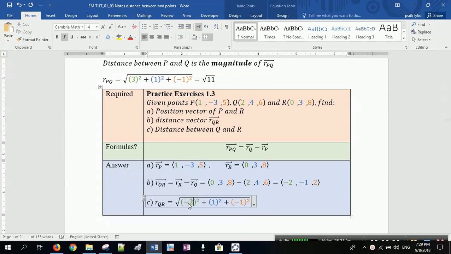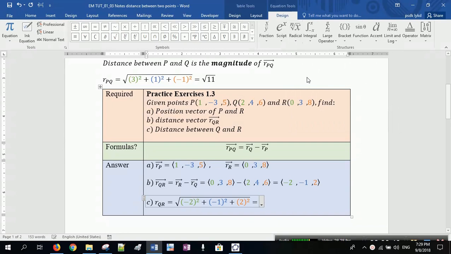So minus 2 squared plus minus 1 squared plus 2 squared, which equals the square root of 9, and it equals 3. This is the distance between Q and R.